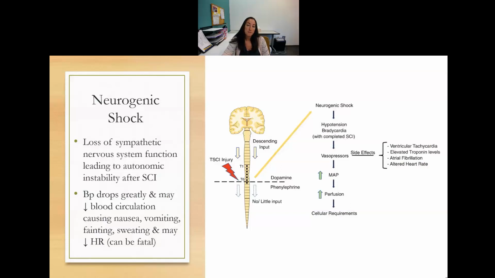But neurogenic shock does not typically resolve without medication. So typically something needs to be given to help it resolve. This is that there is a buildup of products at the level that cause loss of sympathetic nervous system function.